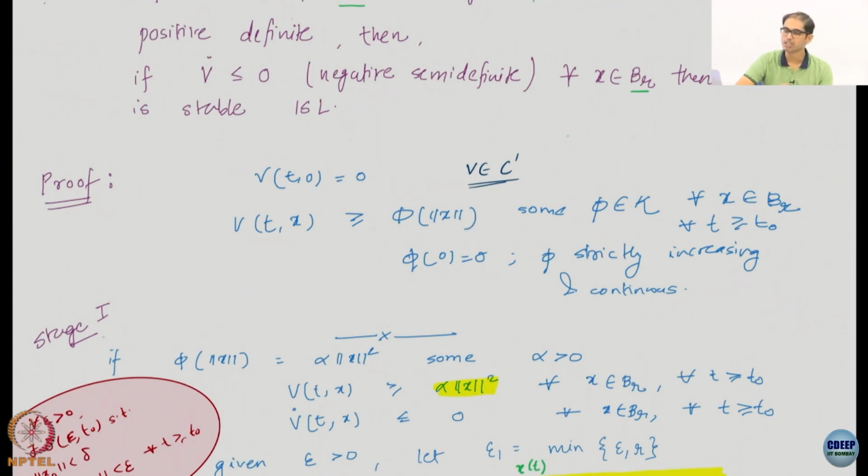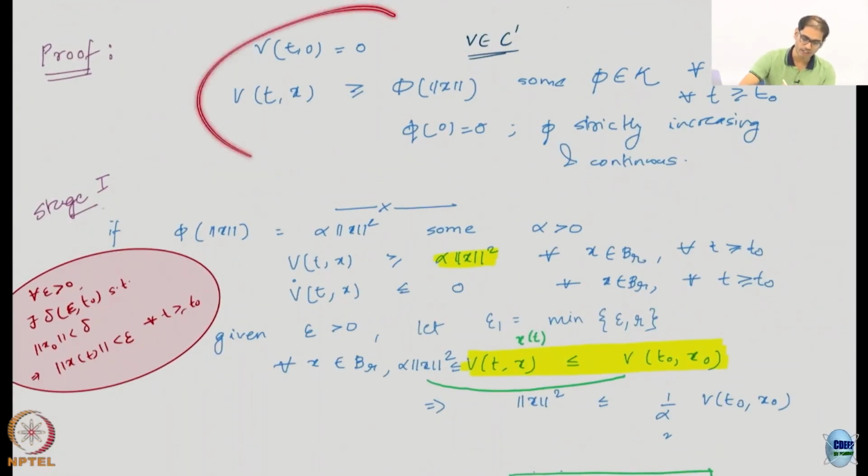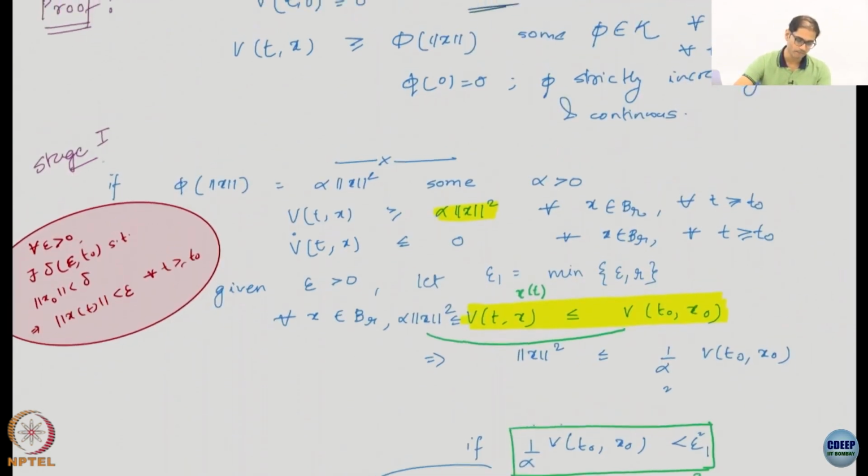This is the meaning of positive definiteness, and of course this is a class K function, so we require that it is 0 at 0, it is continuous, and it is strictly increasing. Okay, this is just to refresh, we already know all this. I am just writing it out so that when we do the proof we do not have to go back to the definitions.